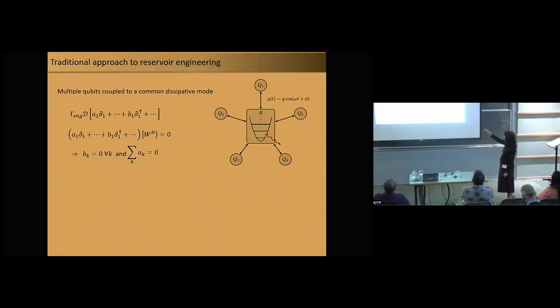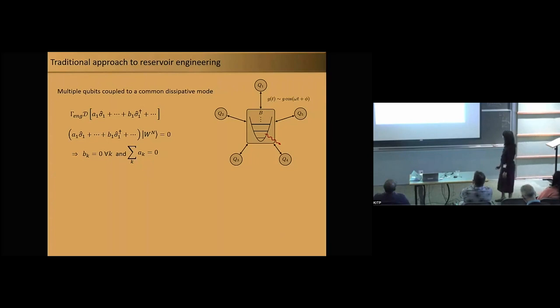So basically, if you think of that mode as some kind of a dissipative bosonic mode, with all these qubits talking to it, and you trace out this bosonic degree of freedom, which is your engineered bath, that leads to an engineered dissipator of this form, which I already showed is a quasi-linear, quasi-local dissipator. And you can say, okay, I want the W state to be the null state of this dissipator. Very simple algebra shows you, okay, yeah, that's possible.